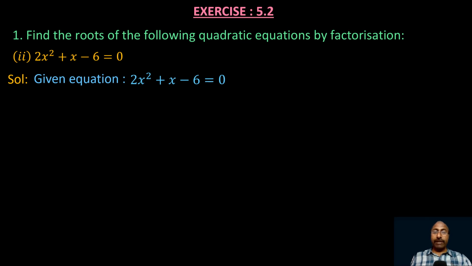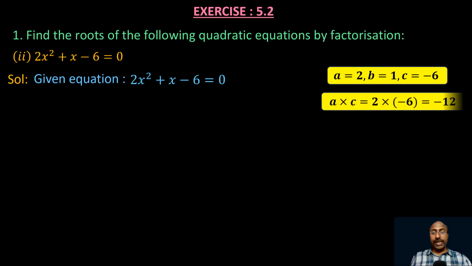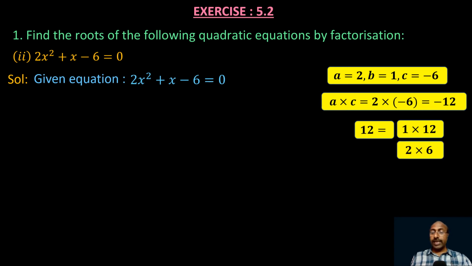And by comparing this one with standard form, a equal to 2, b equal to 1, c equal to minus 6. And here a into c is equal to 2 into minus 6 is equal to minus 12. And here 12 can be factorized as 1 into 12 or 2 into 6 or 3 into 4.